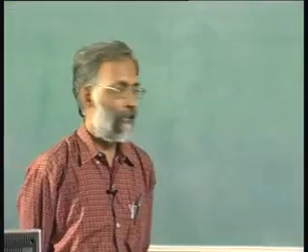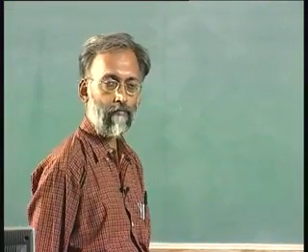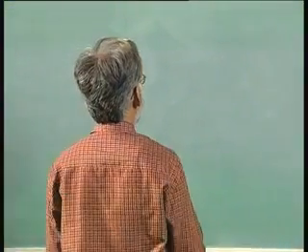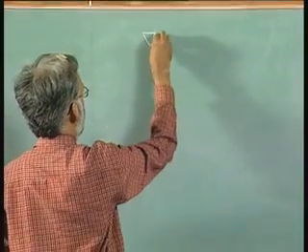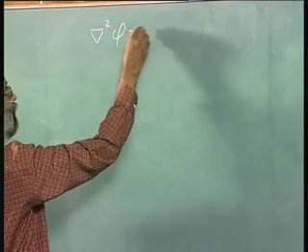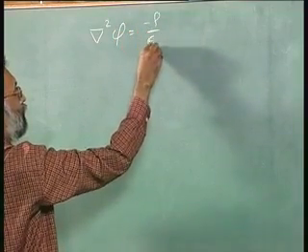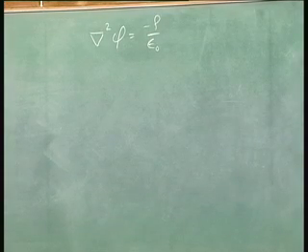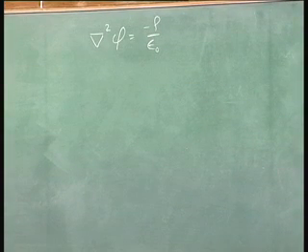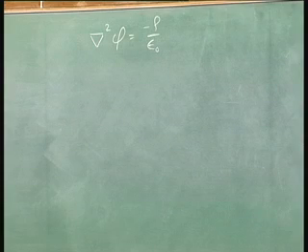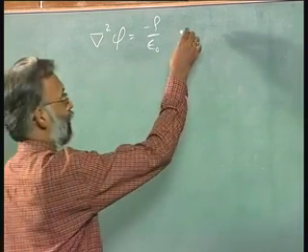Now, at the end of last class, I had derived Poisson's equation. Let me write it down again. It says del squared phi is equal to minus rho over epsilon naught. Now, what does this say for a one dimensional problem?